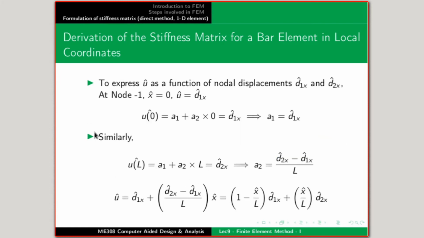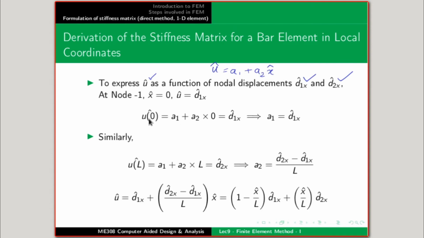Now we have to represent u cap as a function of the nodal displacements d1x and d2x. To do that, first see that at node 1 we have x cap equal to 0 and displacement u equal to d1x. In the function u cap equal to a1 plus a2 x cap, instead of x cap we put 0.